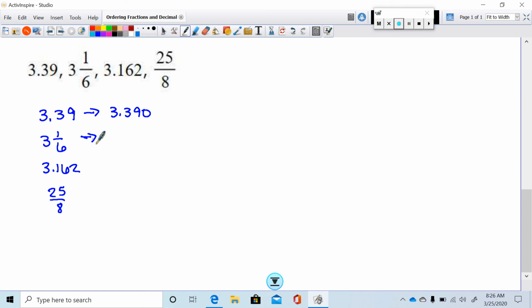This one, you've got a 3 out front, so that's in front of your decimal. And 1 divided by 6 is 0.16 repeating, so I won't worry about rounding. I'll just write down the first 3 numbers. This one's already like it is, like we want it, and 5 divided by 8 is 0.625, so 3.625.